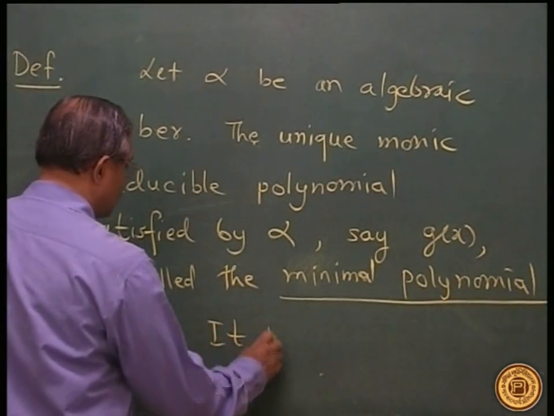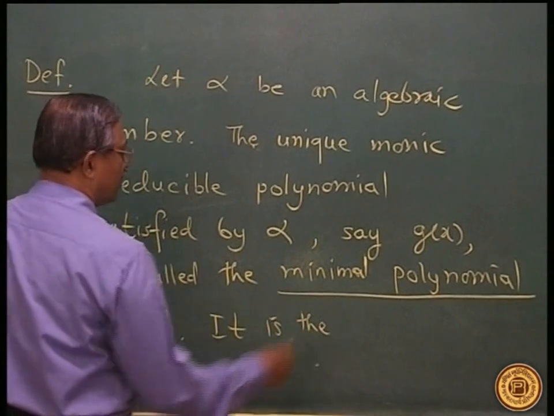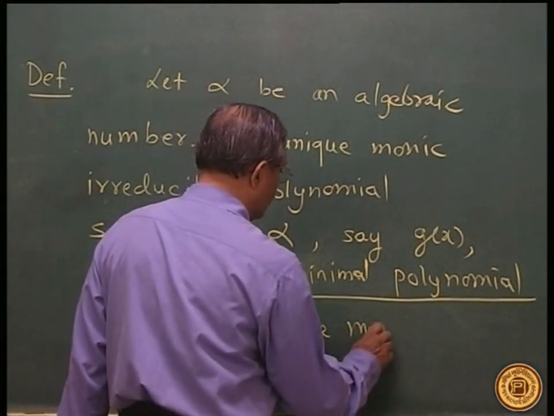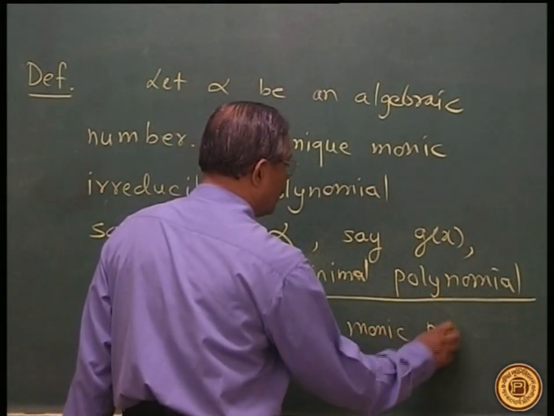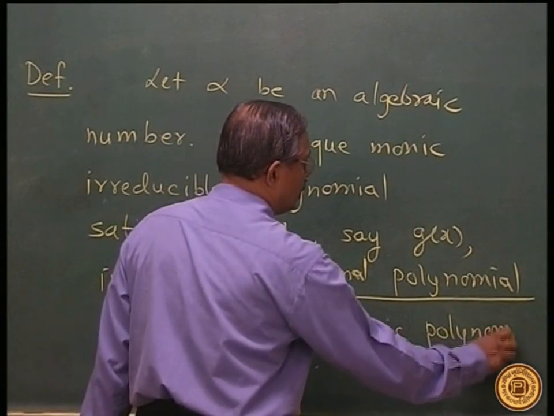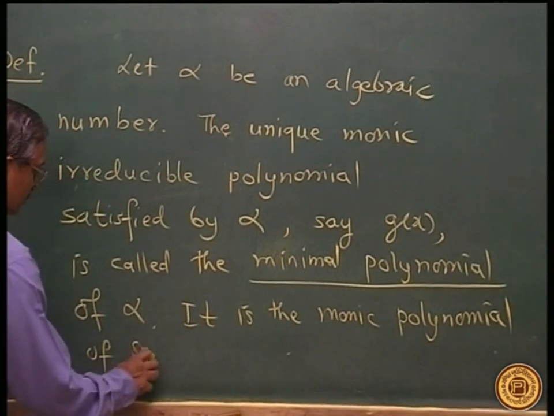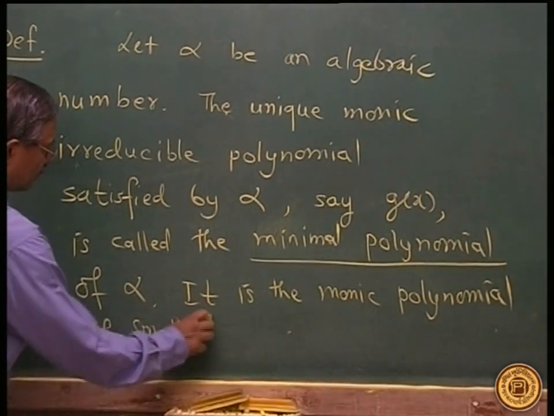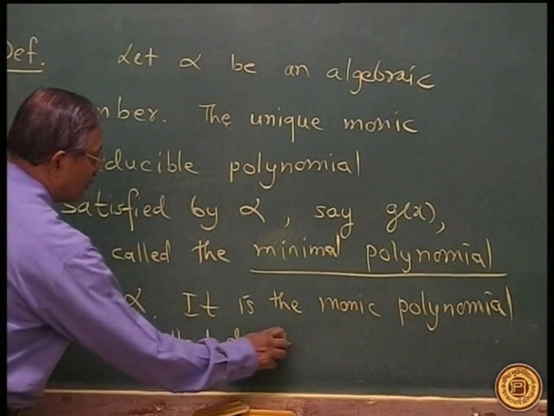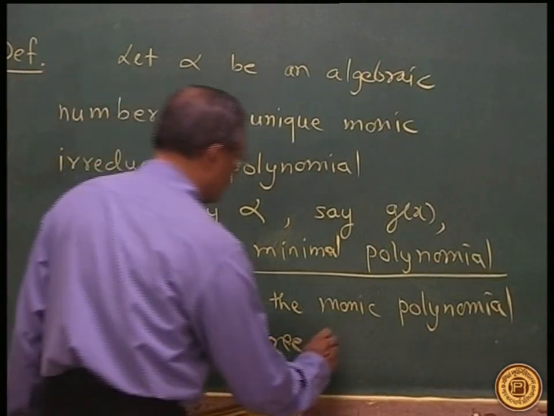It is the monic polynomial of smallest degree satisfied by alpha.